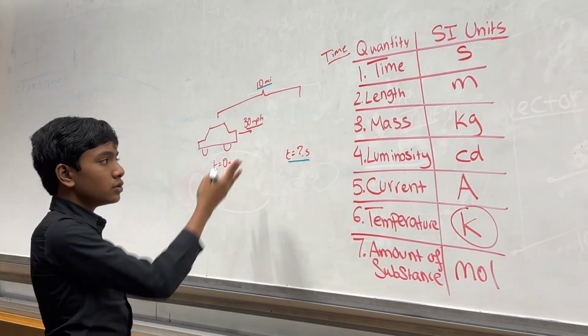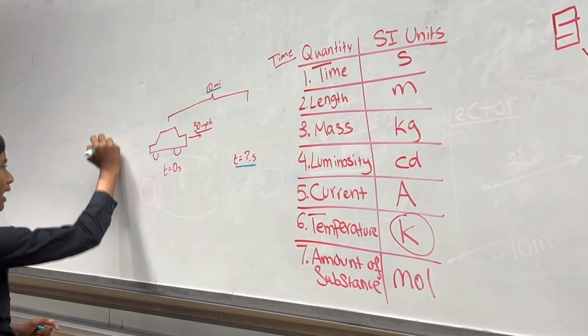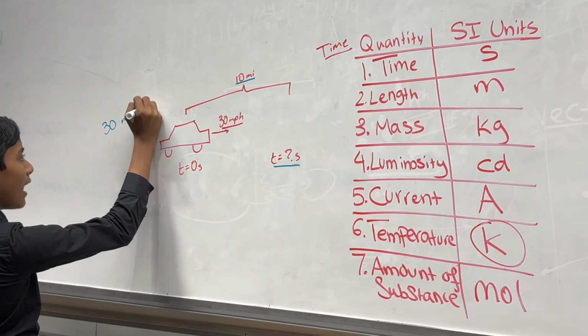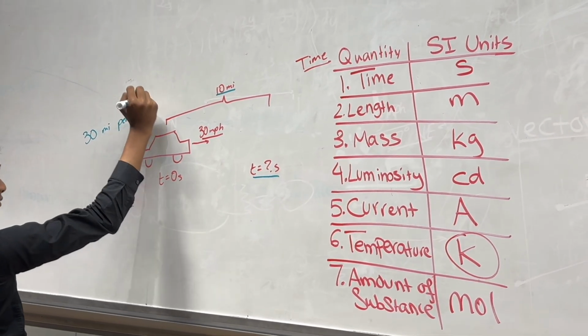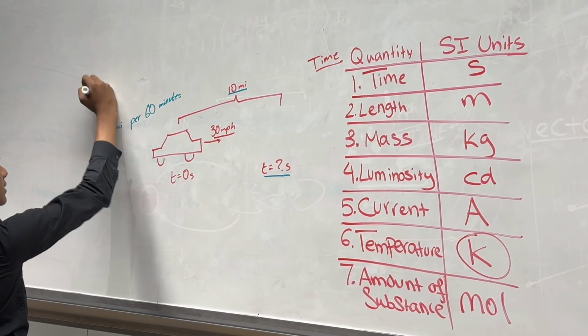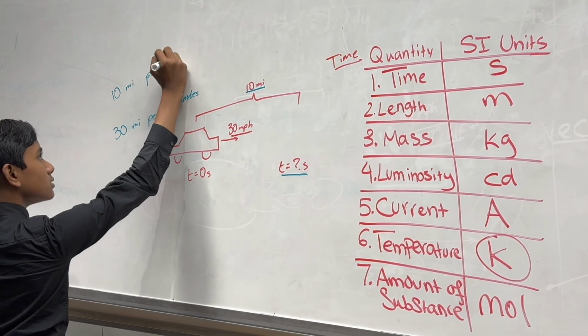Well, it's really simple because this is going at constant speed. What does 30 miles per hour actually mean? Well, 30 miles per hour is 30 miles per 60 minutes, right? So then, how long would it take to go 10 miles?